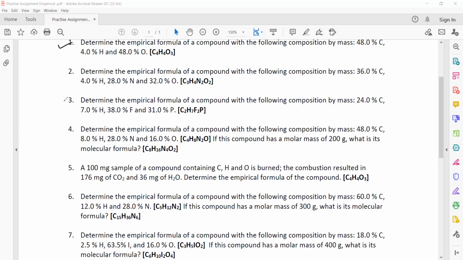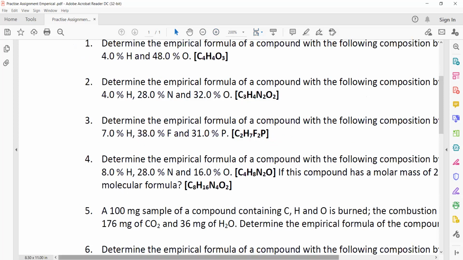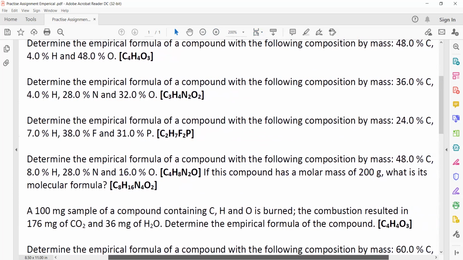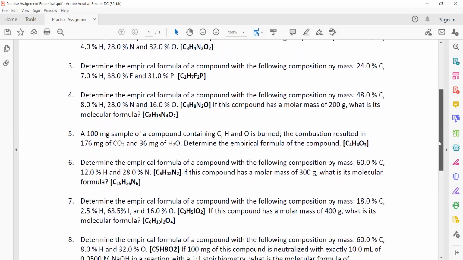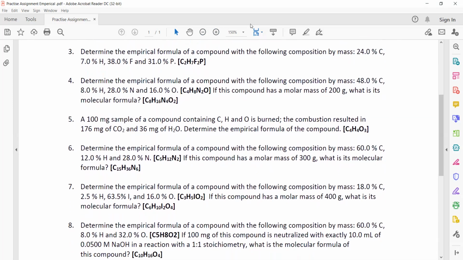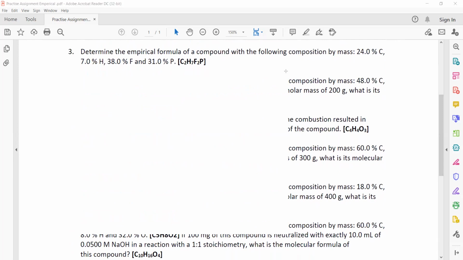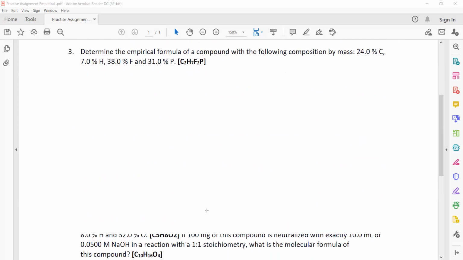So question 1 we did. Then I will discuss some randomly, not all the questions, because you have to solve them the same way, with the same pattern. So next I will discuss question 3.